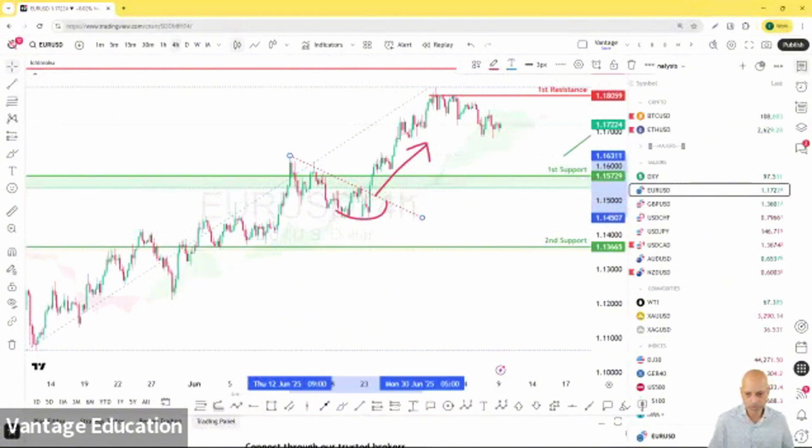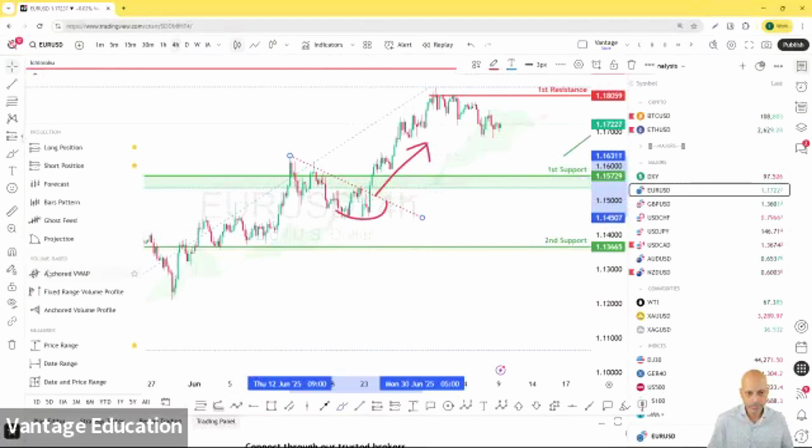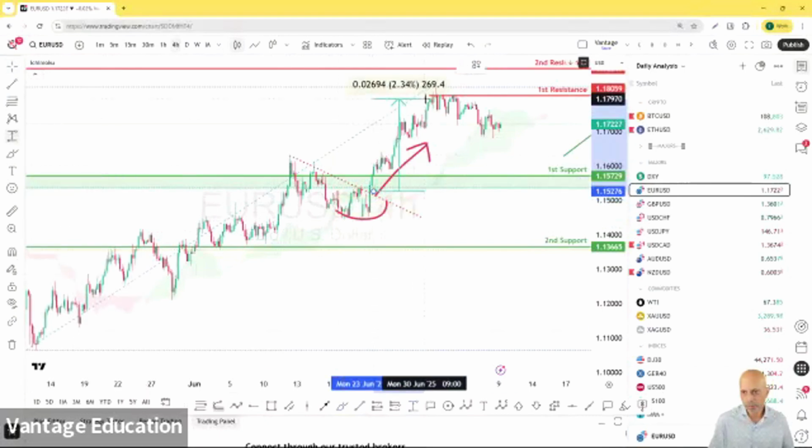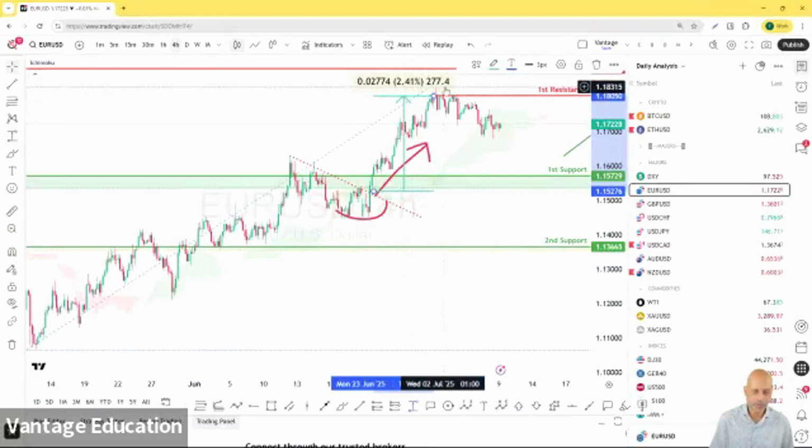Even from the breakout point onwards, the euro has jumped 2.4%, rising nearly 280 pips. No one's going to catch it at the exact bottom, but if you can get it close to the bottom, or if you get it as the bullish breakout materializes, there's still room to try and capture as much upside action as possible.